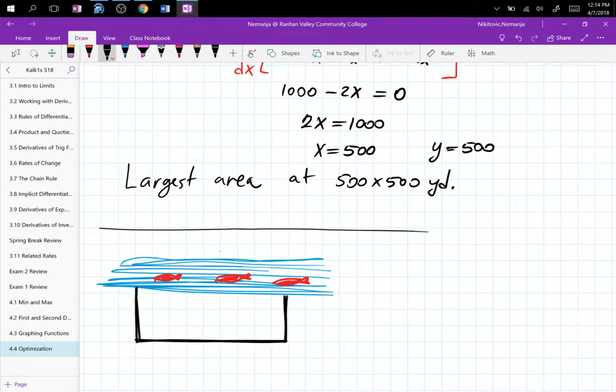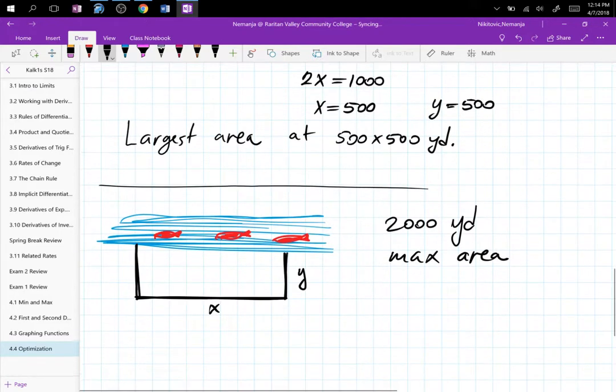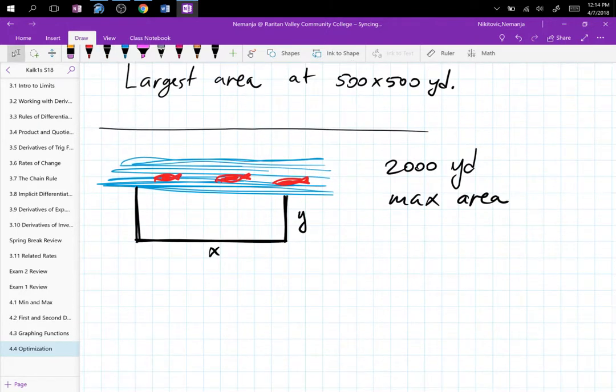Look at this thing. We still have 2,000 yards of fence. Still looking for max area. Now, how's this problem different? Yeah, only 1x. So my perimeter now is not 2x plus 2y, it's 1x plus 2y.